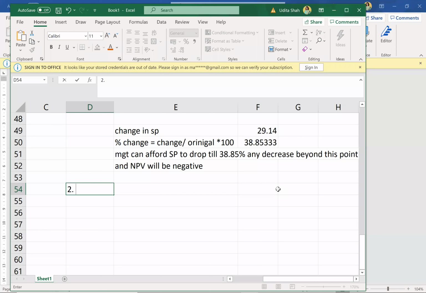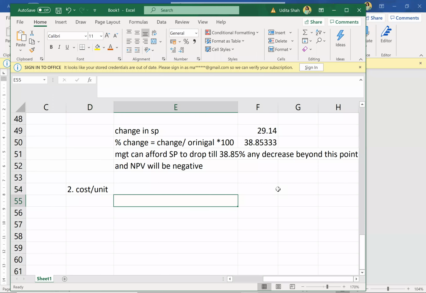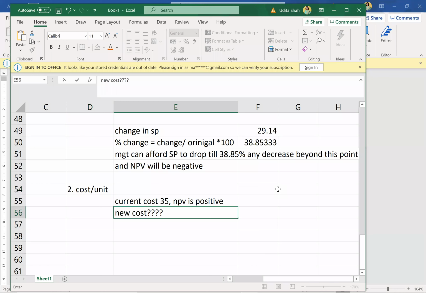What was the current cost? 35. Correct. So at current cost of 35, NPV is positive. What should be the new cost where NPV equal to 0? New cost per unit where NPV equal to 0.